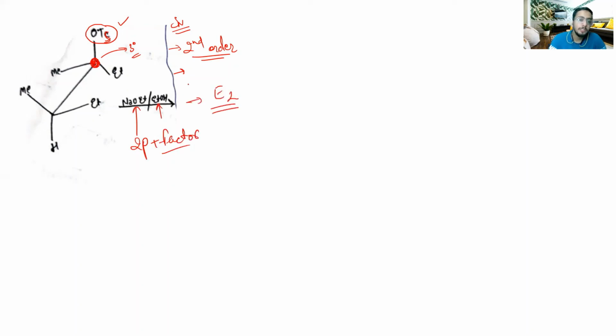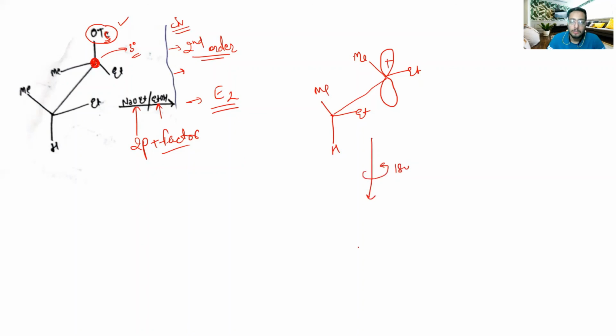In the E2 mechanism we all know that we will not generate a carbocation. So Me and Me Et, and there is a carbon here which is a pure p orbital, and Et Me and this hydrogen. If we rotate this by 180 degrees, we will get hydrogen above, and Et Me Et.